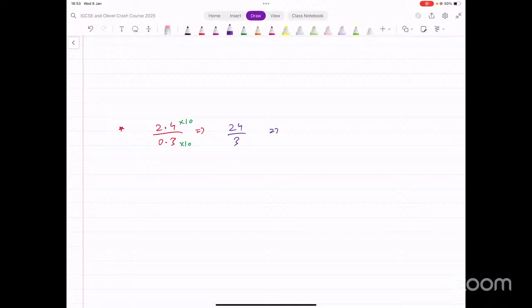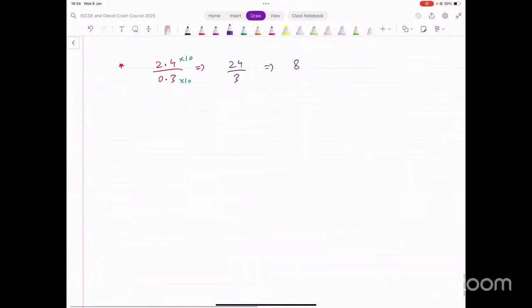And 24 over 3 is easy to do now. That is just 8. And that is the final result. So the trick to do decimal multiplication and decimal division is to not do decimal multiplication and decimal division, convert that to integers. And that makes things simpler to do.